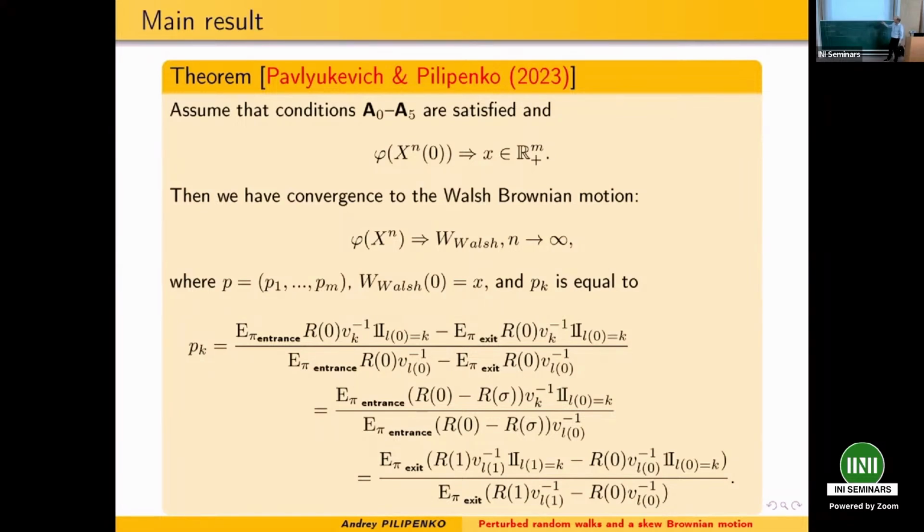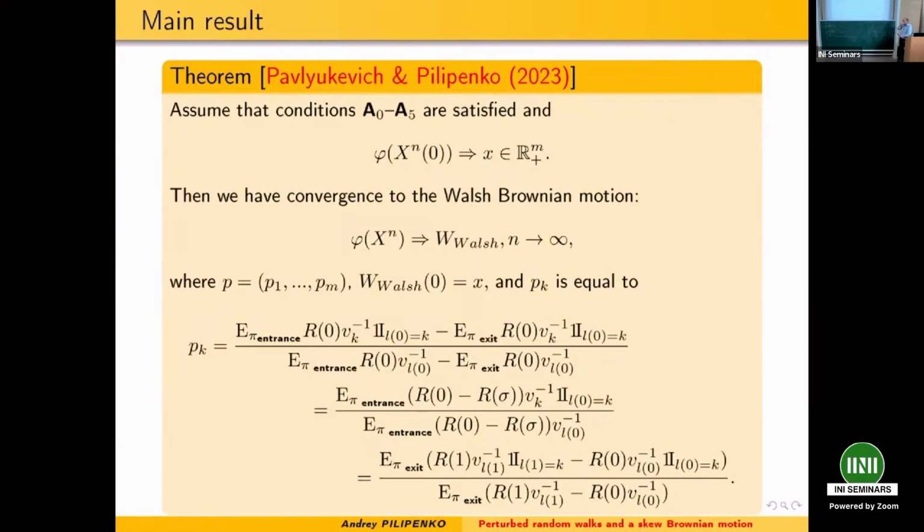R0 and L0 have this entrance or exit distribution, so you have to average with respect to the stationary distribution of entrance or exit or both random walks.